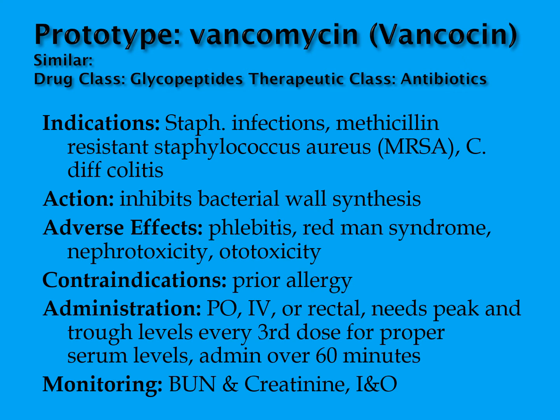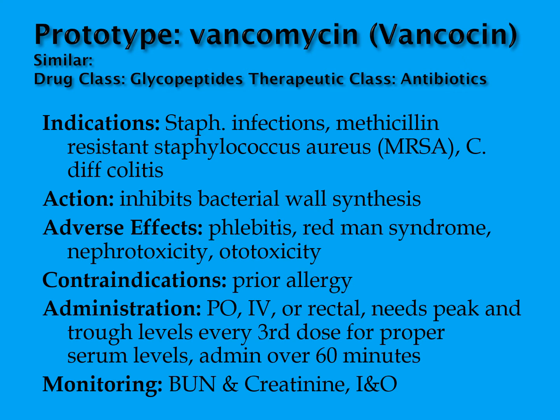Under nursing considerations, so remember, orally, it stays in the gastrointestinal tract. So why would we use it? Only for Clostridium difficile in the gastrointestinal tract, since that's where it's causing the problem. Intravenously, for more severe Staphylococcus aureus infections. We do need to do peak and trough levels every 3rd dose of the antibiotic.